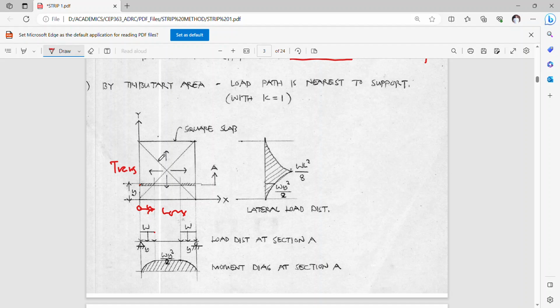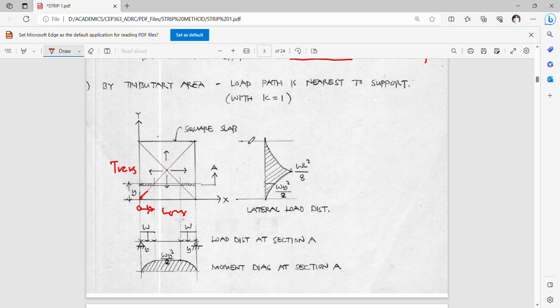At this section, the distribution of your loading will be a linearly varying load, starting from 0 and going to a maximum.